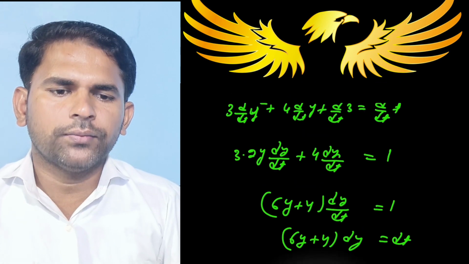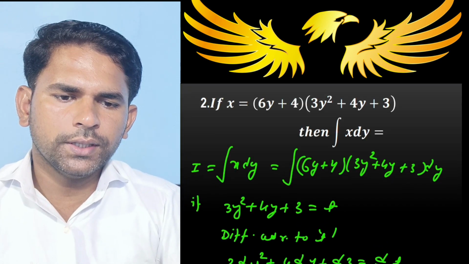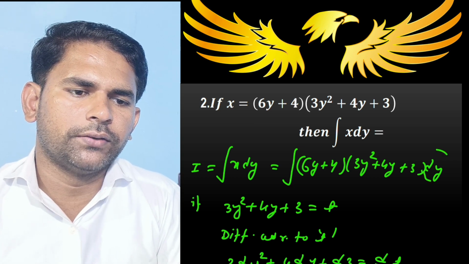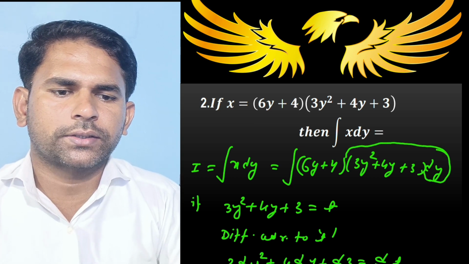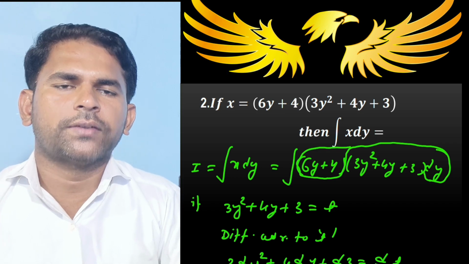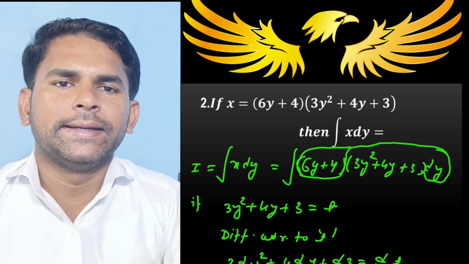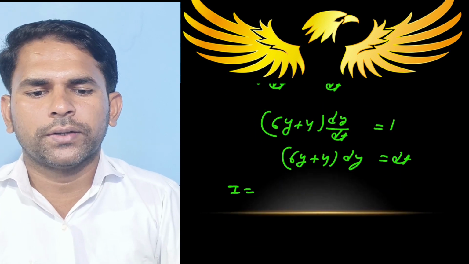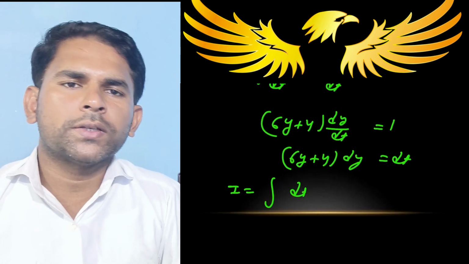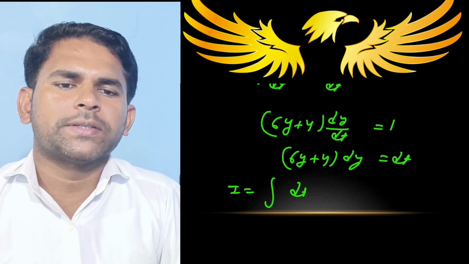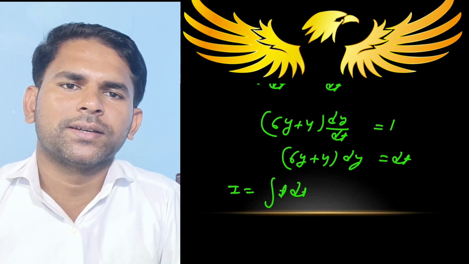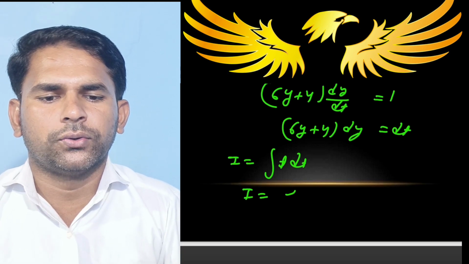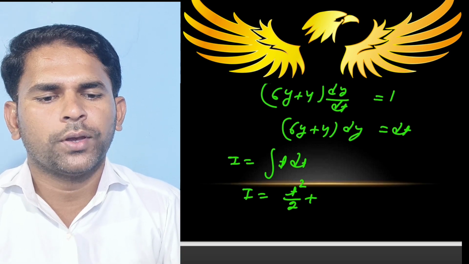Now you can see this 6y plus 4 and this dy, this complete function, we can consider as dt. And 3y square plus 4y plus 3 we already considered as t, so we write t. So finally we can integrate and get t square upon 2 plus c.